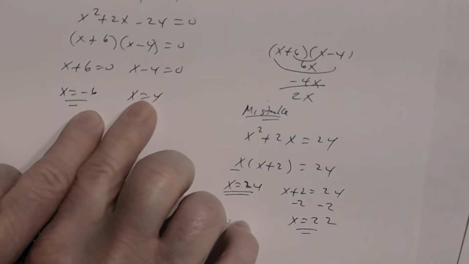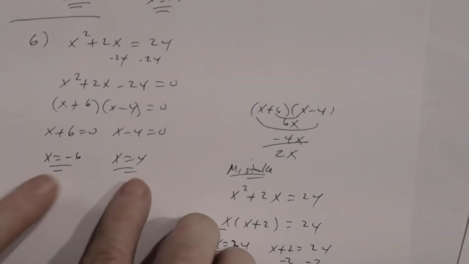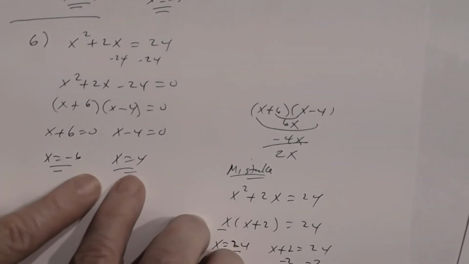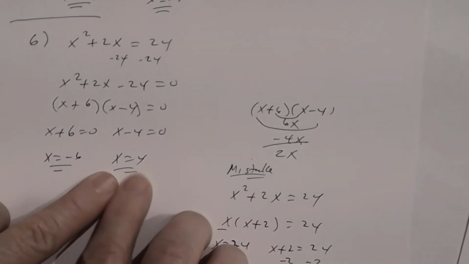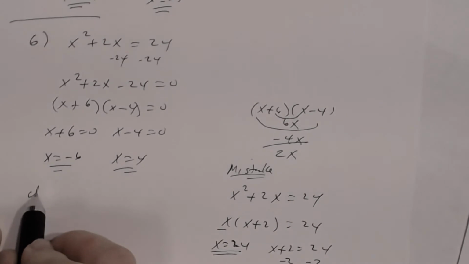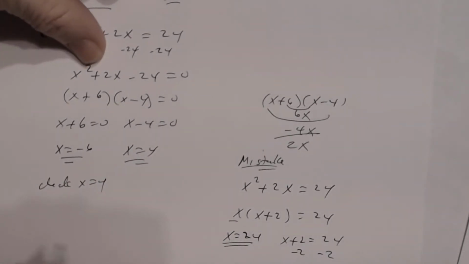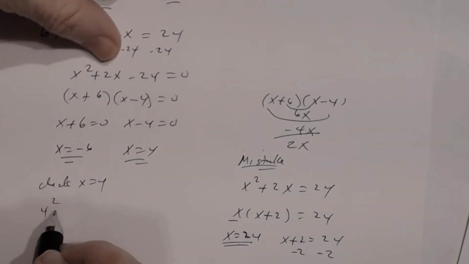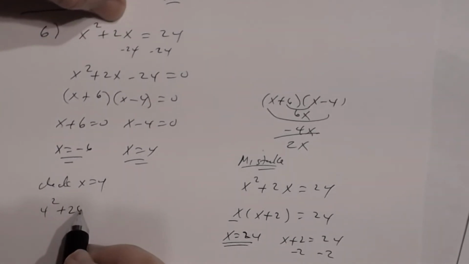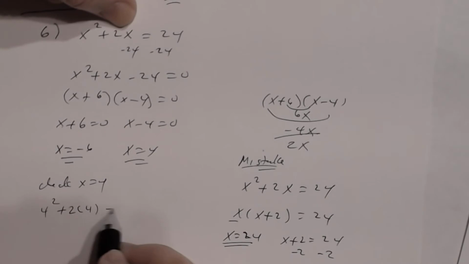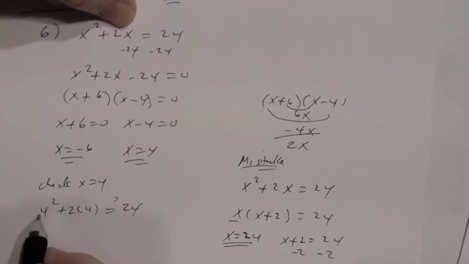Those are different solutions. You see that 4? Let's check 4 in the original. I have 4 squared plus 2 times 4, and I want to see that it's equal to 24. What's 4 squared? That's 16. What's 2 times 4? That's 8.